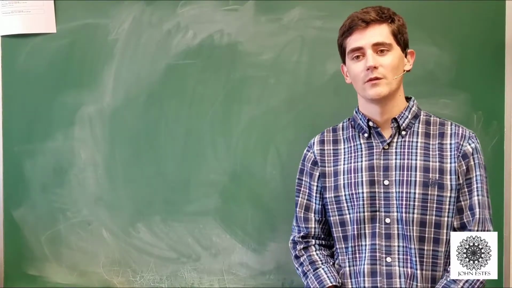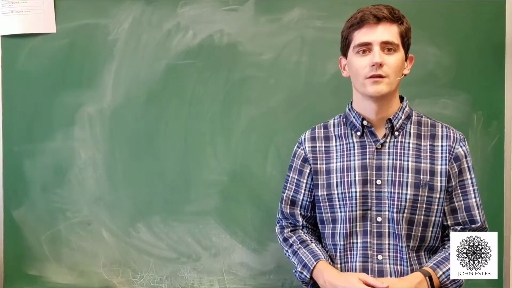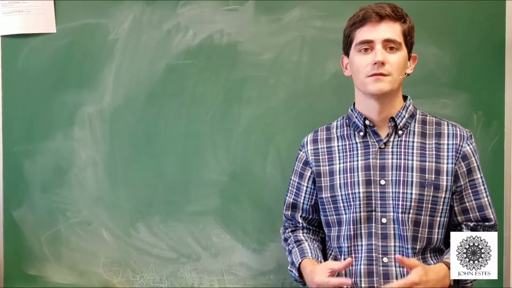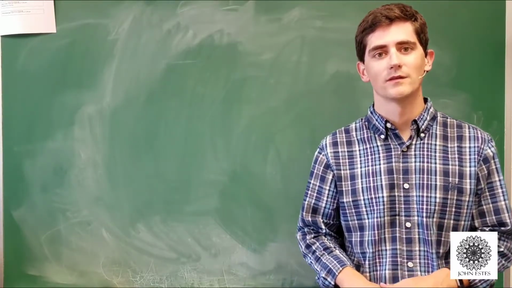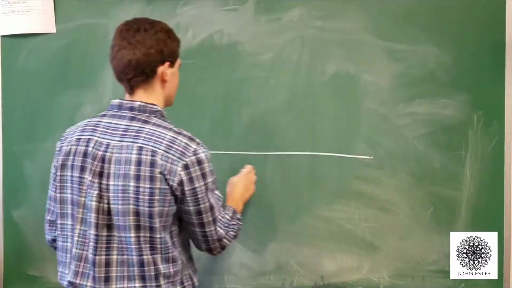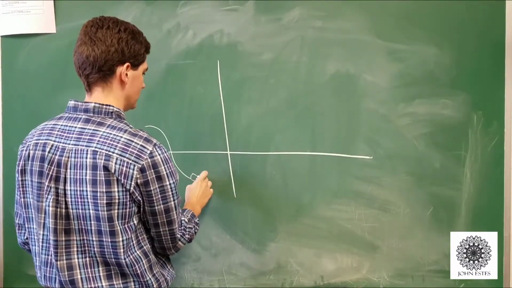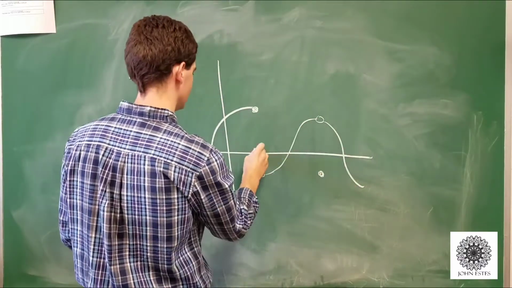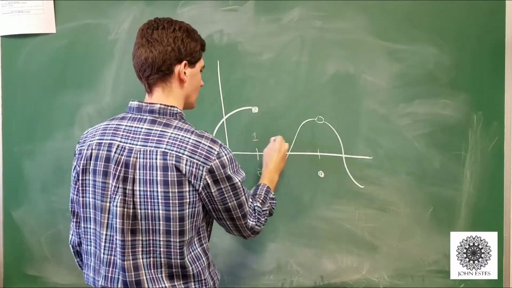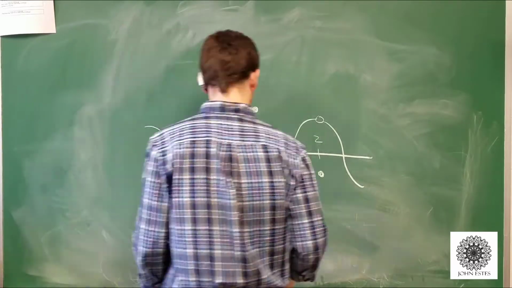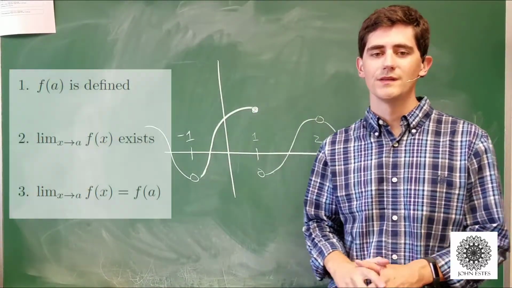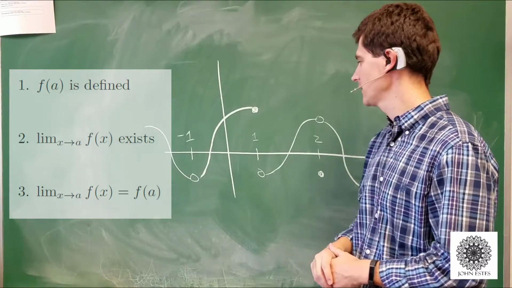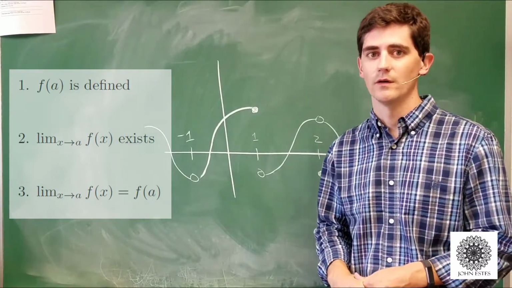Alright, I'm going to draw a graph and show you where these rules can fail and what makes that discontinuous. Okay, we can see in this graph that we actually have three places where it's discontinuous.